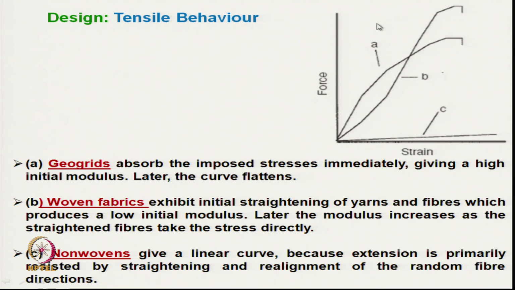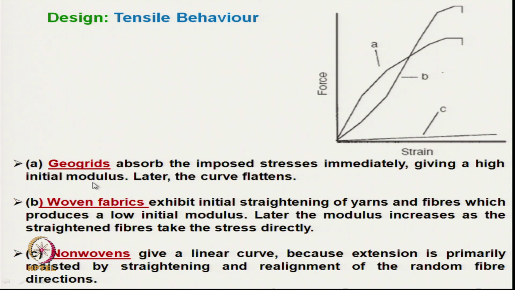So, it is not that we must always need the higher strength or higher modulus. Depending on their stress strain characteristics, we can use them in different applications. This A curve is showing geogrids, but we can have woven fabric or different types of geotextiles with this type of curve.